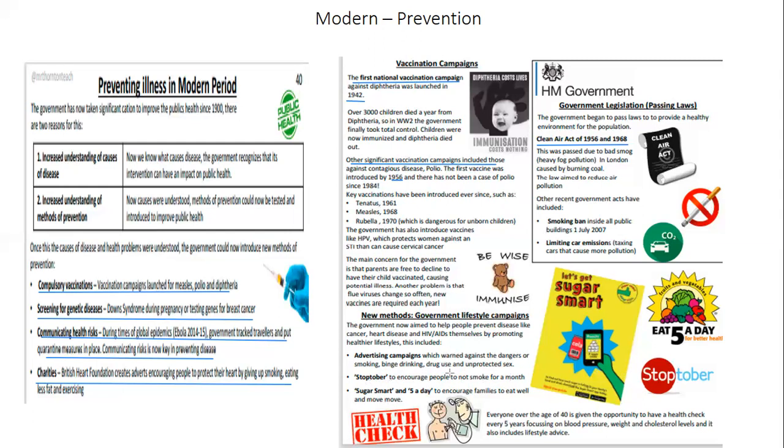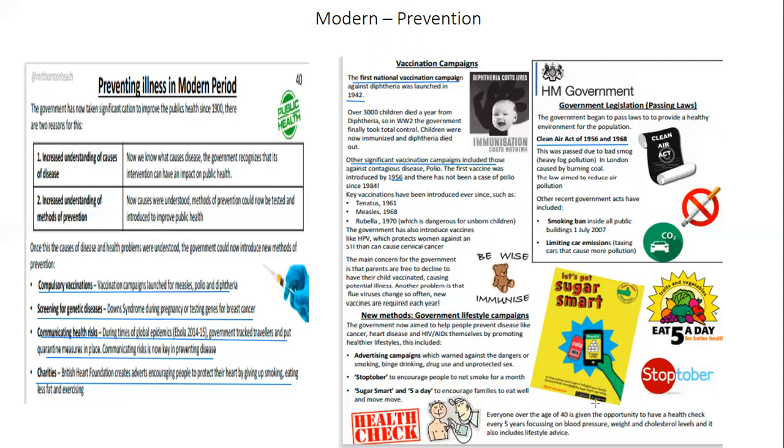Stoptober, which tries to encourage smokers not to smoke for an entire month to get them to maybe consider quitting smoking in the long run. Sugar Smart and 5 a day encourage families to eat well and move more, so exercise. This Sugar Smart app allows parents to see how much sugar their child should be having, which will prevent things like dentistry problems, diabetes, weight gain, etc.